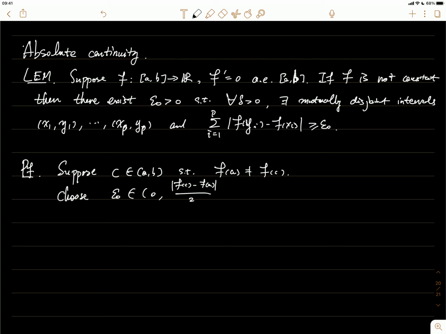Because these two are different, this difference must be positive, so we can choose some epsilon in between.